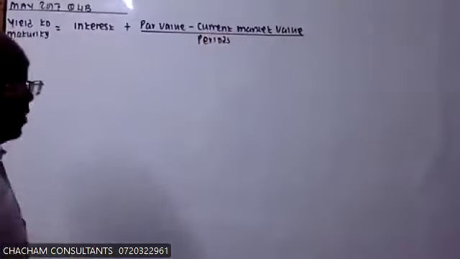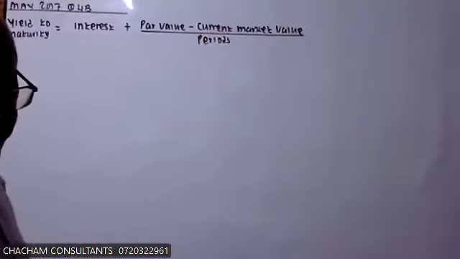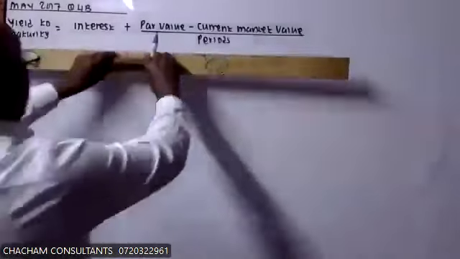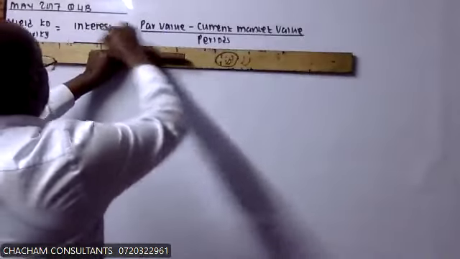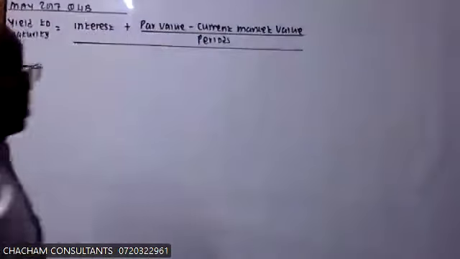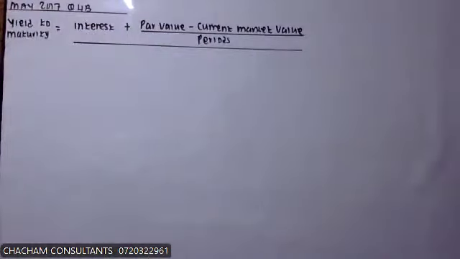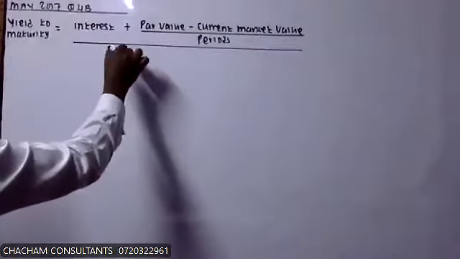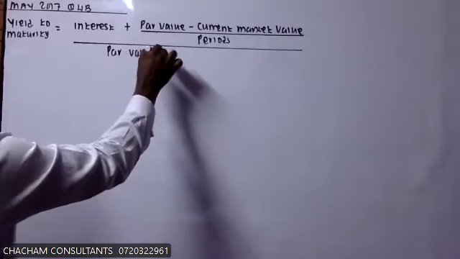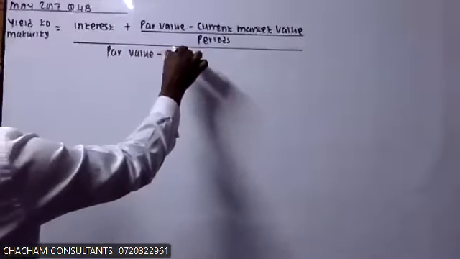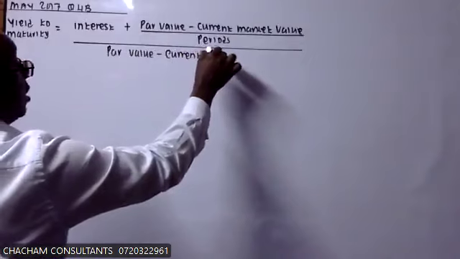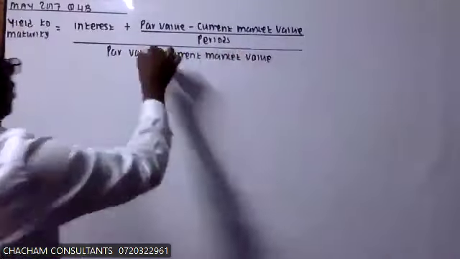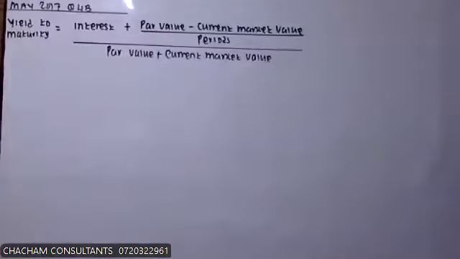Then the whole of this, you divide it by par value plus the current market value.